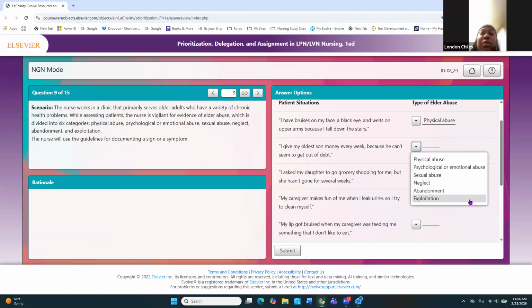Emotional abuse though, because she feels bad if she doesn't give it to him, because that's her son. Yeah, it could be, but I don't know. Let's elaborate, y'all. Let's put our heads together. Anybody else have any exploitation insight?